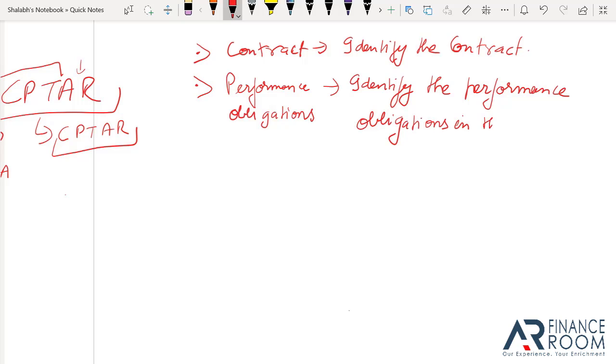In the contract. There is a reference to the previous point in every succeeding point. What's the next code? T. T stands for transaction price.